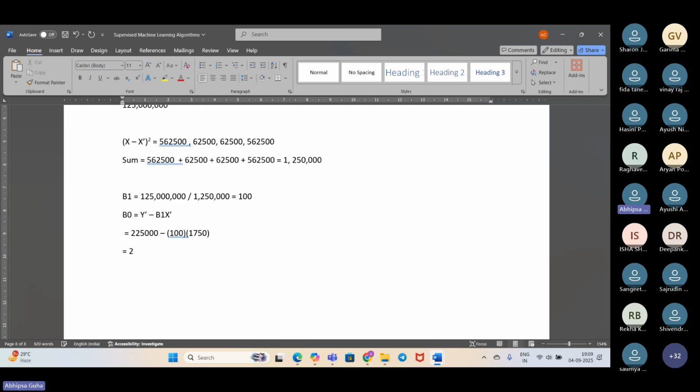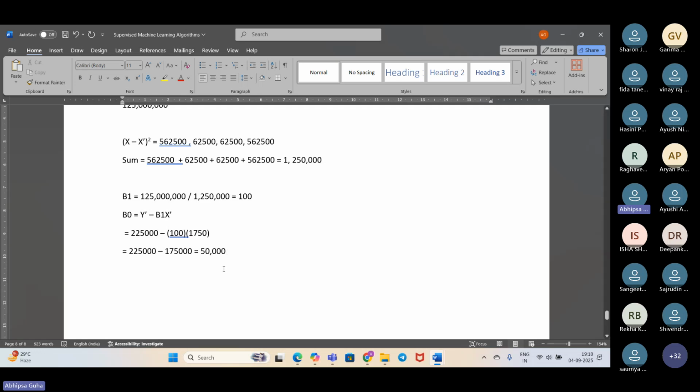So it would be 225000 minus 175000. So it will be around 50,000. Yes, 50,000. So we have got 50. Sorry, what 50? 2,25,000 and 1,75,000.